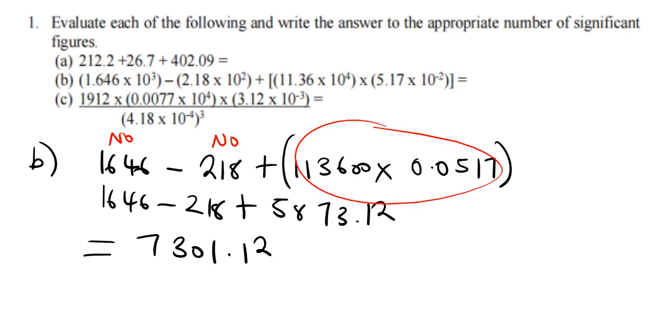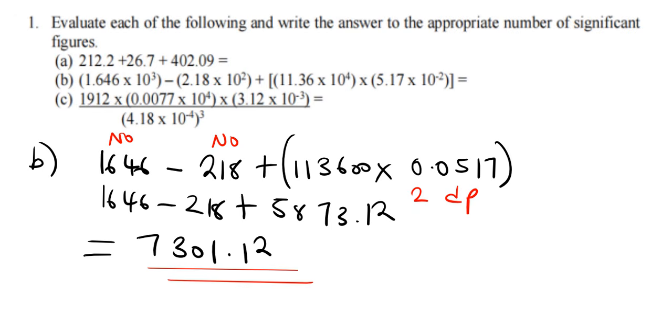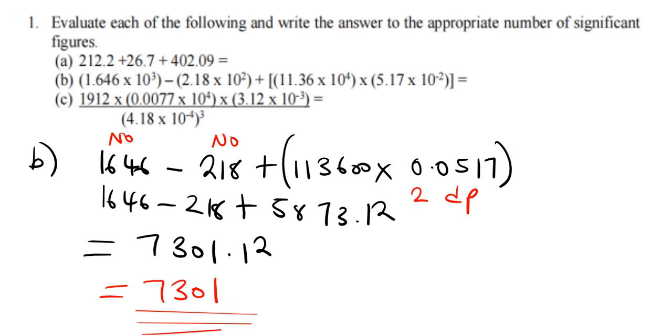According to the rule of addition and subtraction, we're going to get the least precise, that is the least number of decimal places. In this case, the least precise is the one that has no decimal places. So our answer is just going to be 7301, without any decimal place, because these are the ones with the least.